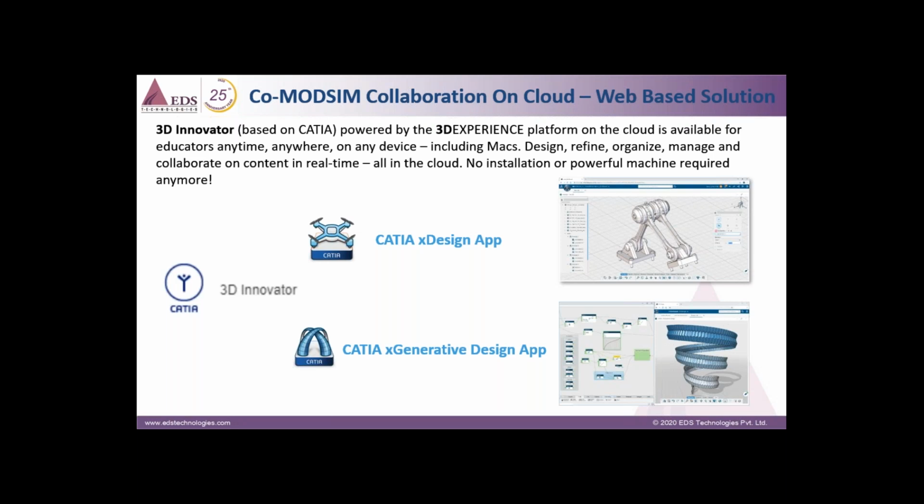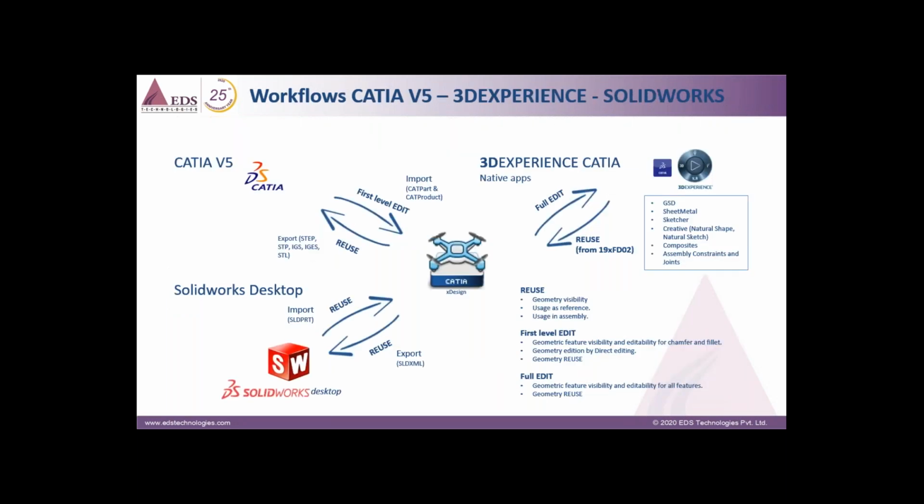That happens all in the cloud and completely web based. No installation or powerful machine is required anymore. There are two apps under 3D Innovator, CATIA X Design and CATIA X Generative Design. We will go through them in detail in the upcoming slides, and how they will benefit academics.